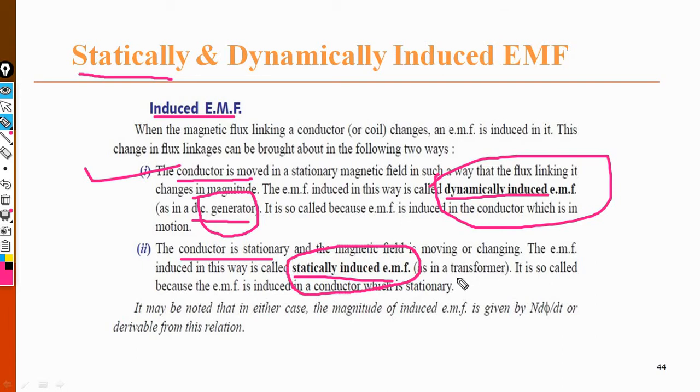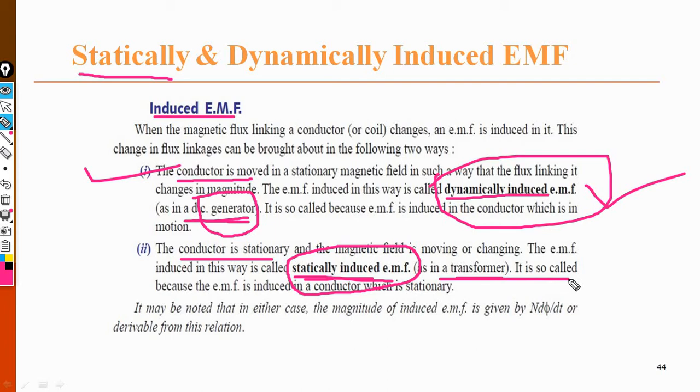An example is the transformer. That means the example of dynamically induced EMF is the DC generator and the example of statically induced EMF is the transformer. This is the difference between statically and dynamically: statically means constant position and dynamically means moving position.